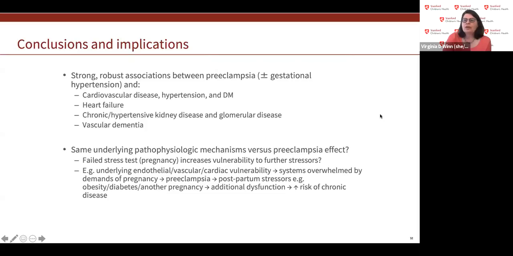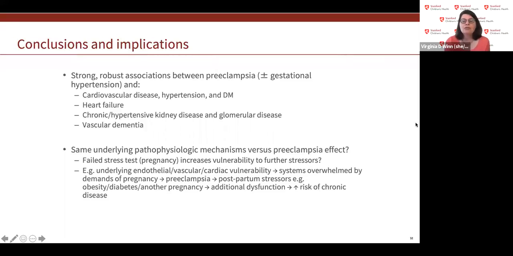One of the questions that really comes up is, are these women having a failed stress test of their physiology for these diseases that is being revealed in pregnancy, presenting as hypertensive disease of pregnancy?